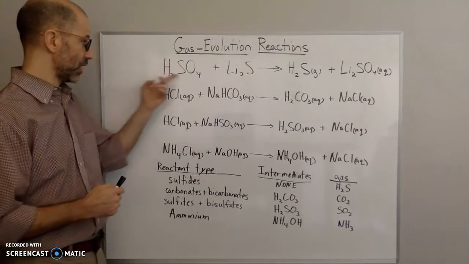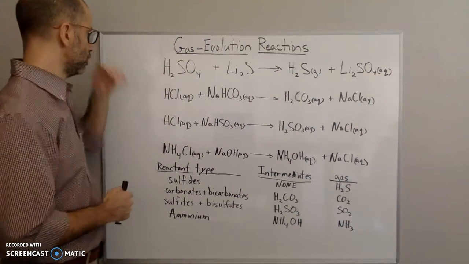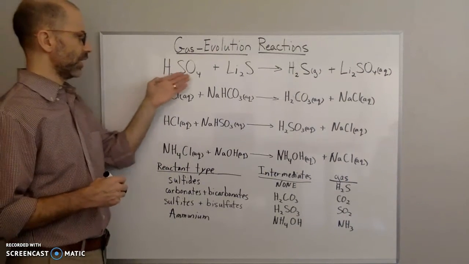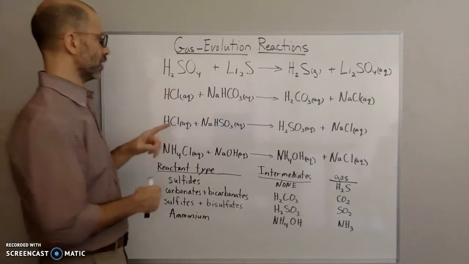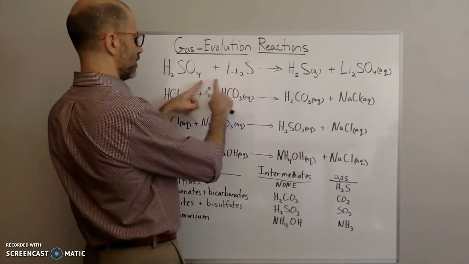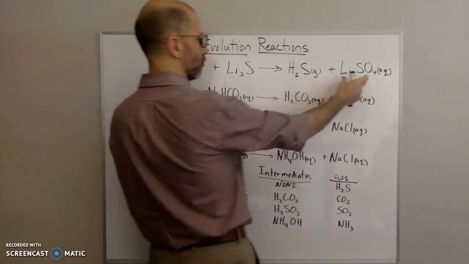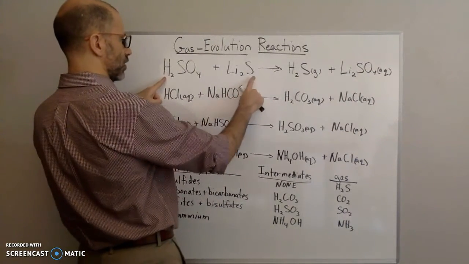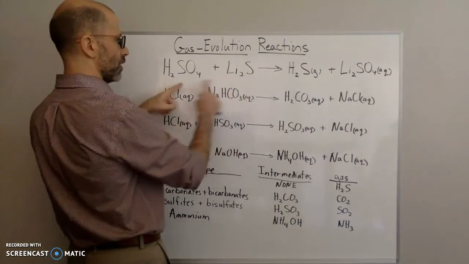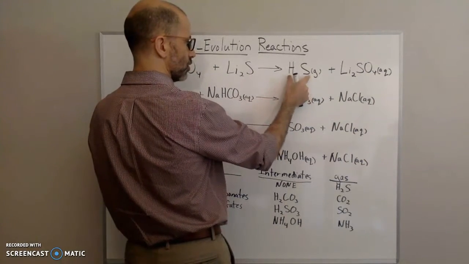So what you can see here is a few examples where you get a gas right away. Here, if you do the inside ions, lithium and sulfate go together to form lithium sulfate, and then the hydrogen and the sulfide go together to form your dihydrogen sulfide.